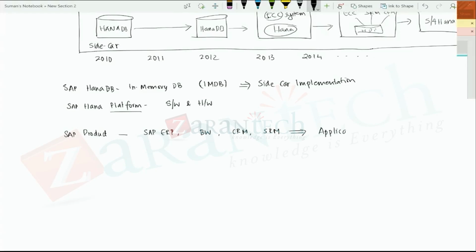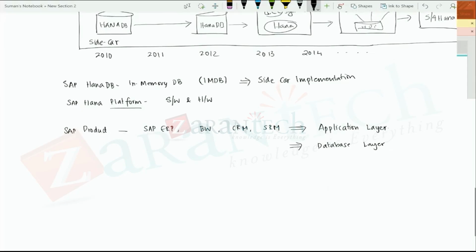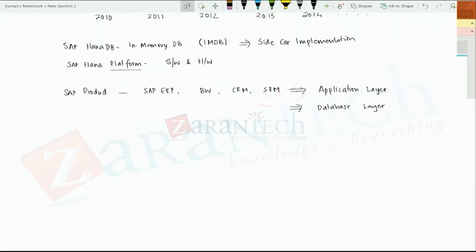And I will explain what that means. In order to understand this difference, there is an application layer and a database layer to any product. To understand that better, let me quickly take a small diversion and talk about the SAP architecture. So you will understand what I'm referring to here.